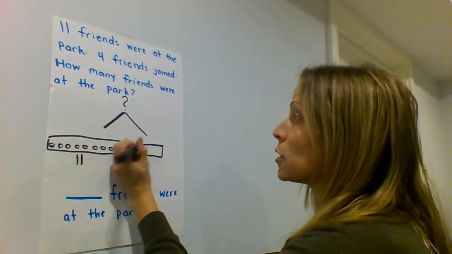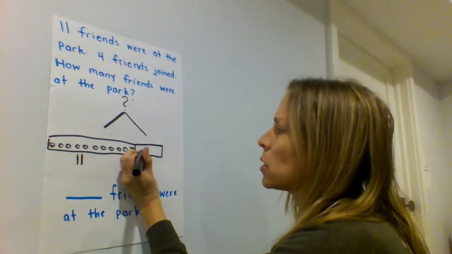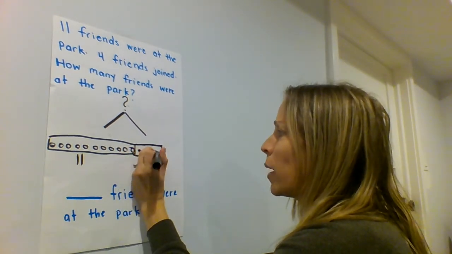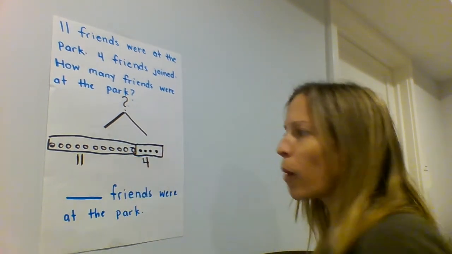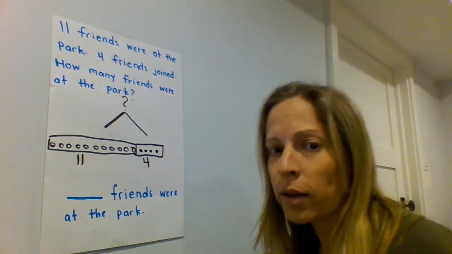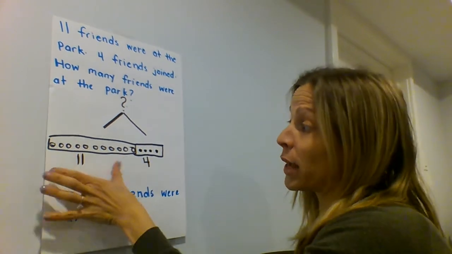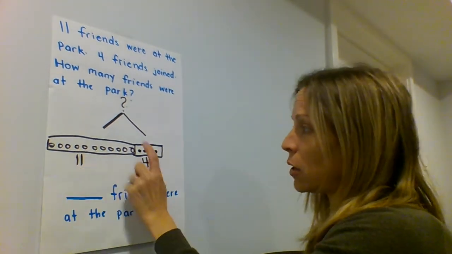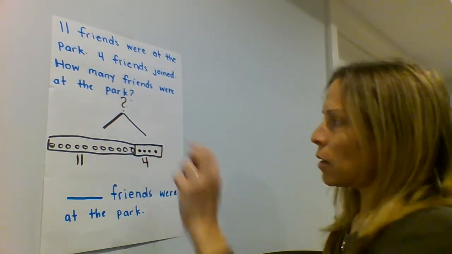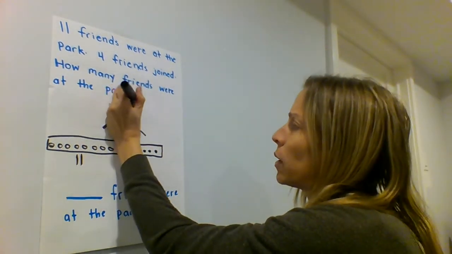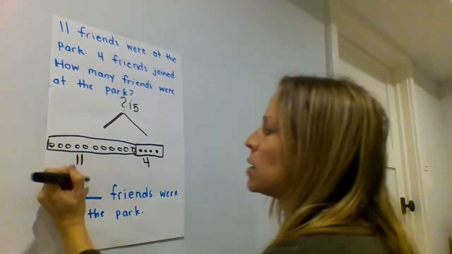How many friends are in this part? 4 friends joined. 1, 2, 3, 4. So we know both parts here, but we don't know the total. So let's count together. We can count on from 11, 12, 13, 14, 15. So on my total, it's 15.